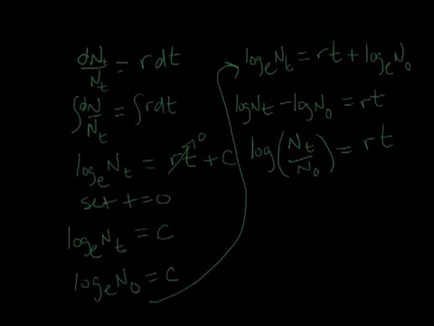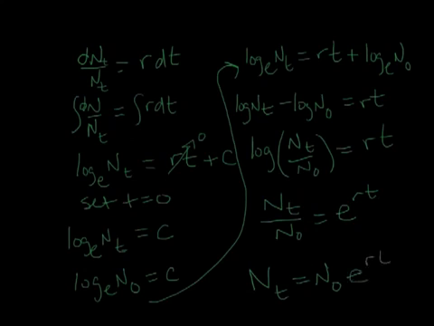To get rid of the log, we exponentiate everything, so we get back nt divided by n0 is e to the rt. Rearranging one last time, finally we get the official equation for exponential growth: N at time t is the n at time 0 times e raised to the growth rate and the number of time steps.